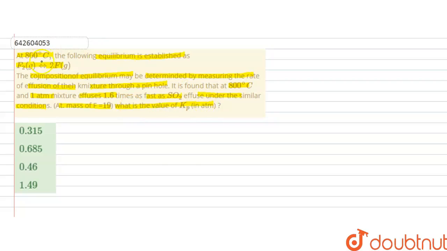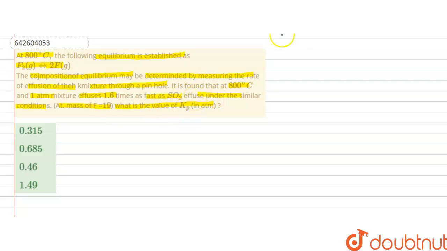So in this question, it is given that at 800 degrees Celsius this equilibrium is established, and the composition of the equilibrium is determined by measuring the rate of effusion through a pinhole. It is found that at 800 degrees Celsius and 1 atmospheric pressure, this mixture effuses 1.6 times faster than SO2 under similar conditions. So we have to find the value of Kp.